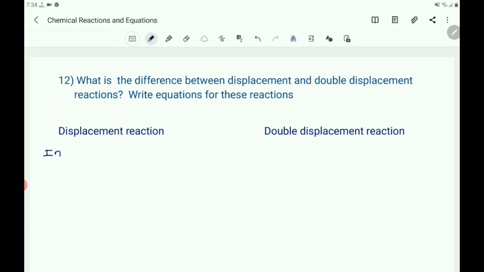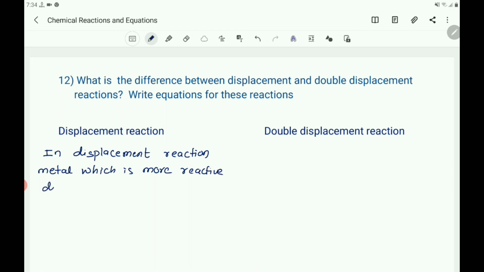In displacement reaction, a metal which is more reactive displaces a less reactive metal from its solution.